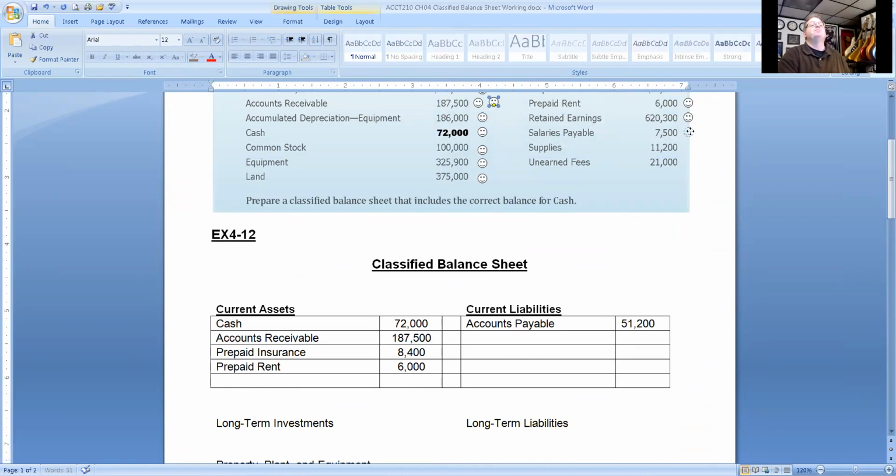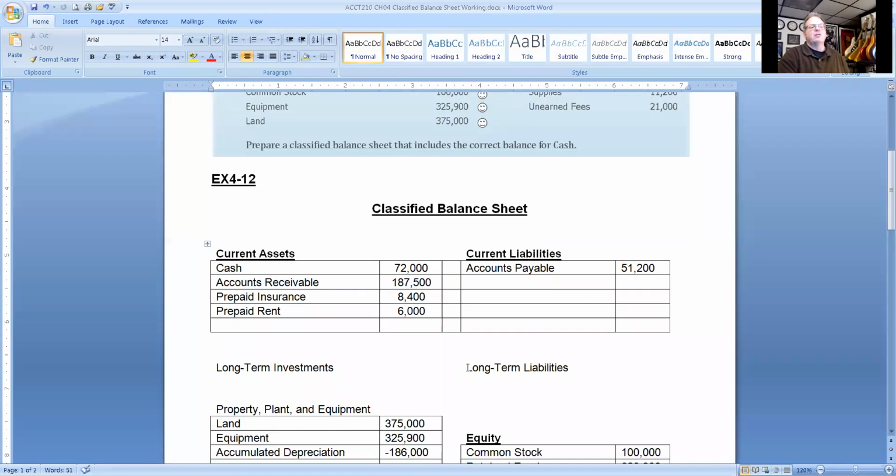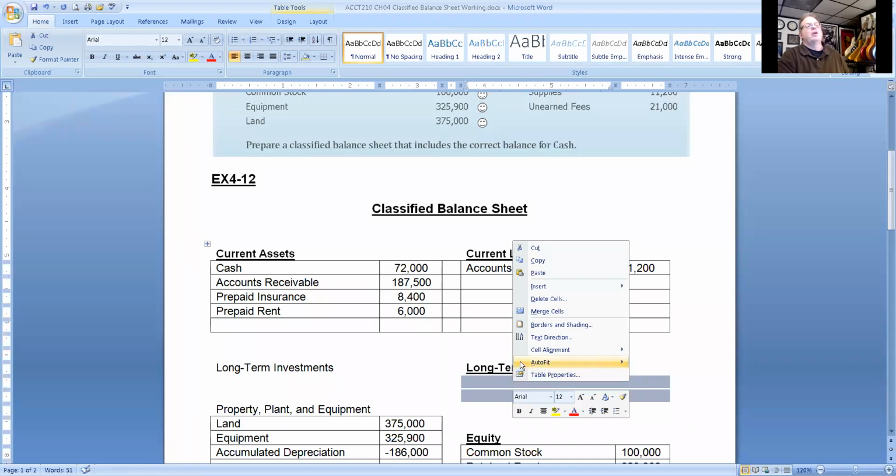Salaries payable. Payables are either short-term or long-term. Now, when it comes to someone's salary, long term? It's probably going to be short term.